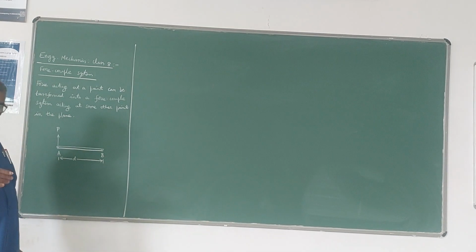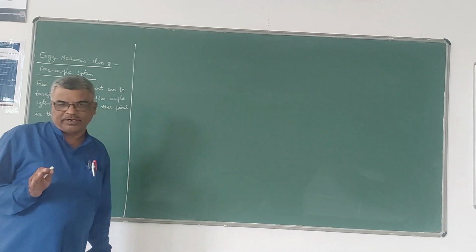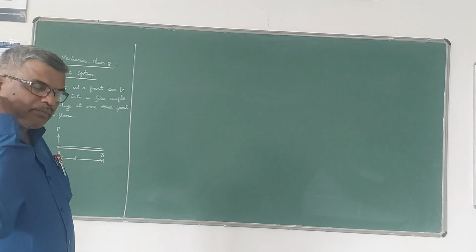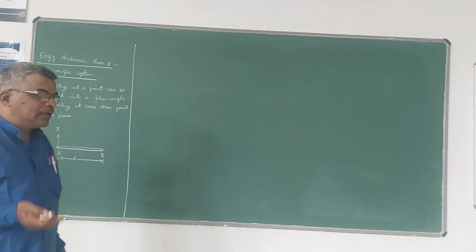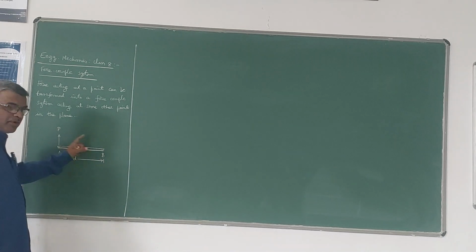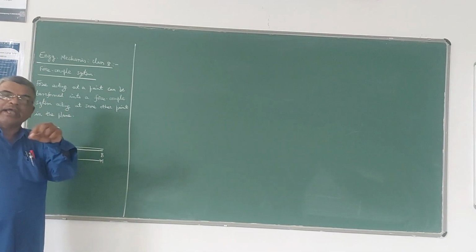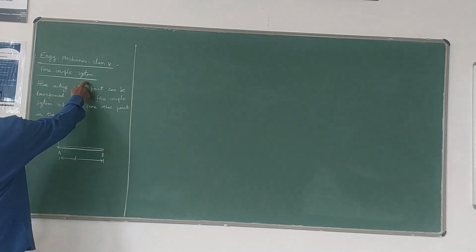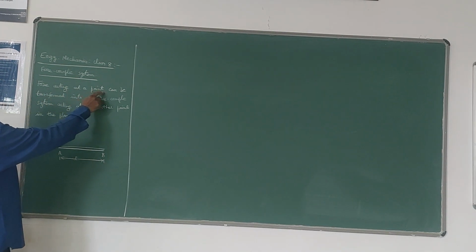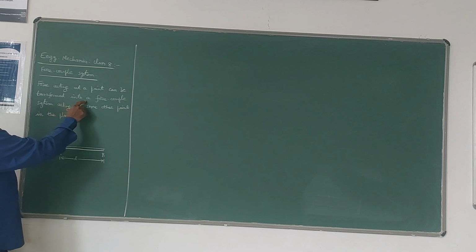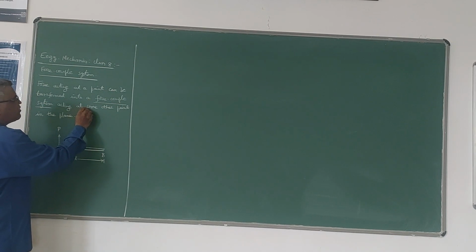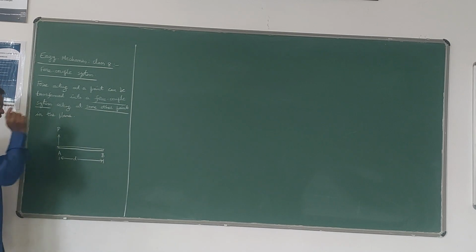So when you transfer a force acting at a point to some other point within the plane, then that force will be transformed into a force and a couple. That is why the word force couple system. Force acting at a point can be transformed into a force couple system acting at some other point in the plane.